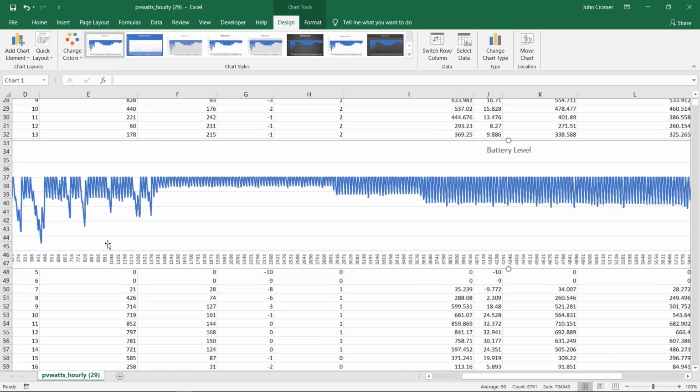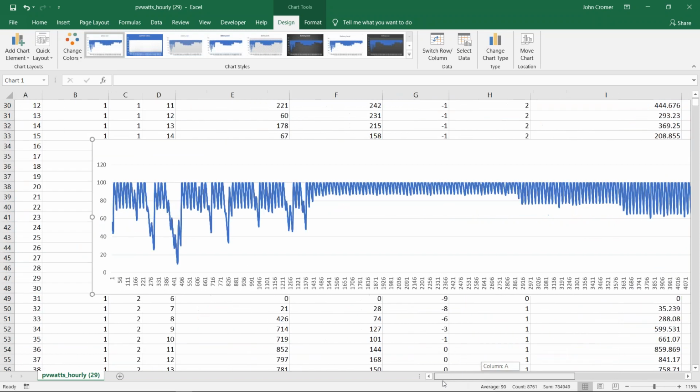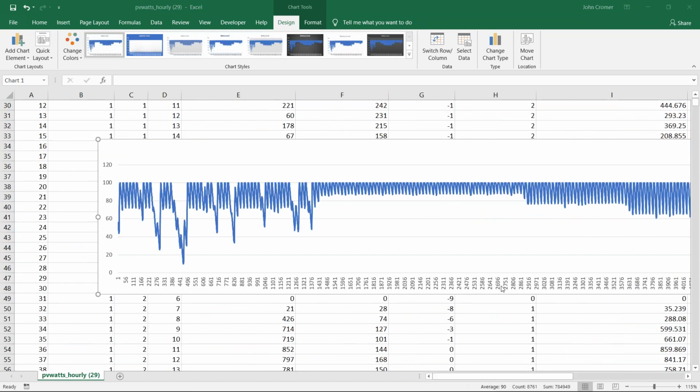What we can see is that our minimum is not occurring very frequently. It's just occurring on the 440th hour. That's like January 1st, 2nd, 3rd, 4th, 5th, 6th, so this is like January 20th or so, when we're getting down to our bare minimum.